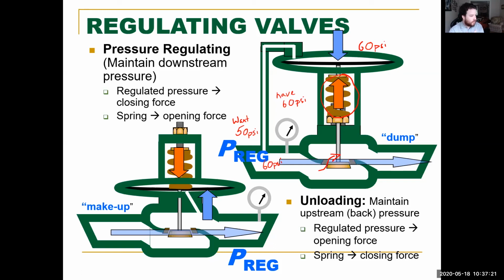Start just where the seat is. Where's the seat going to be closing? Is it going to be opening or closing when you put pressure down on it? And then you look at where it is regulating from. And then finally, you look at the spring. Those three pieces of information will tell you everything you need to know about these valves.